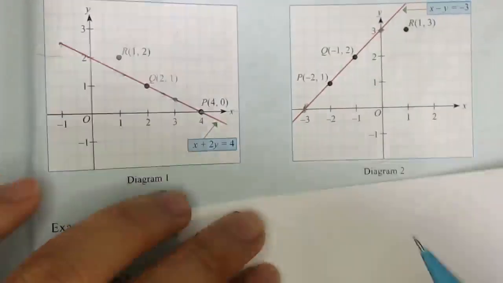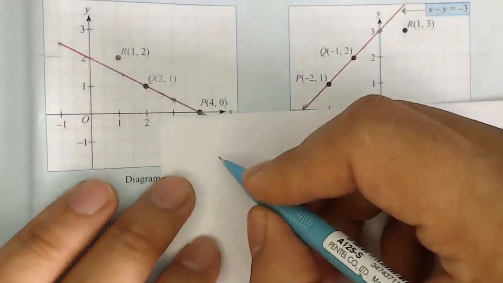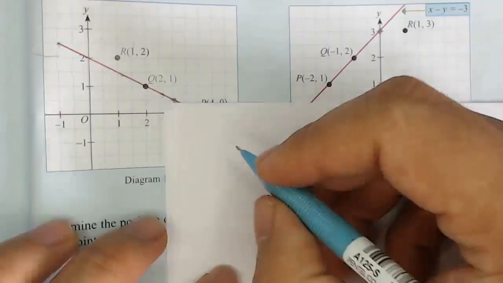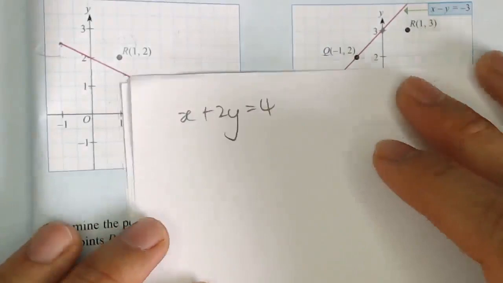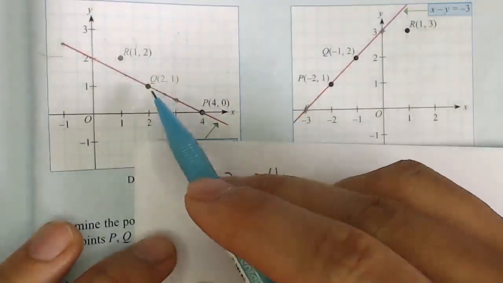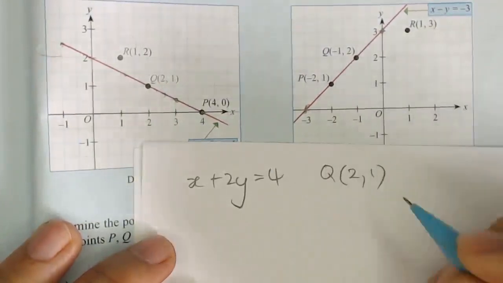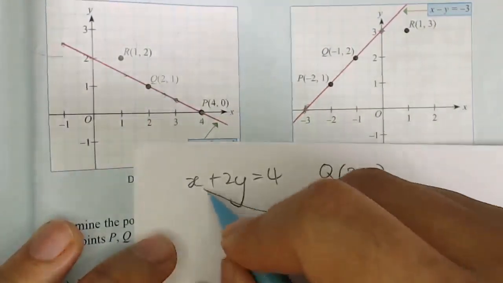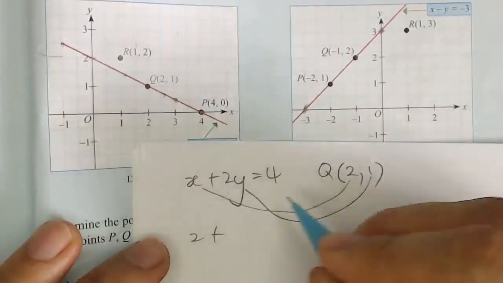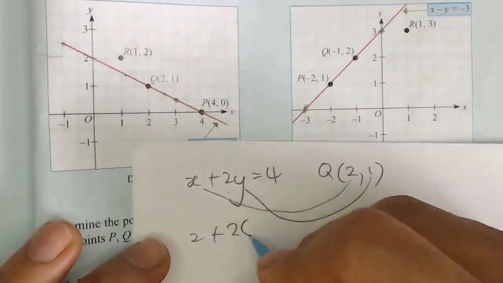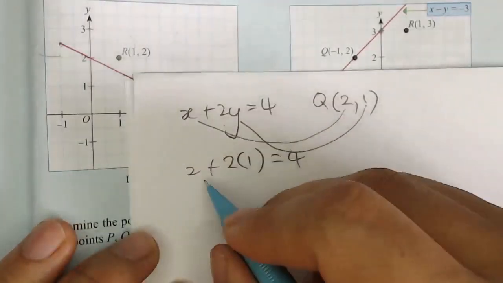And so does this point Q. Let's do the work. Again, we write the equation x plus 2y equal to 4, state the coordinate that we want to test, and substitute the values inside. 2 plus 2 times 1, equal to 4.